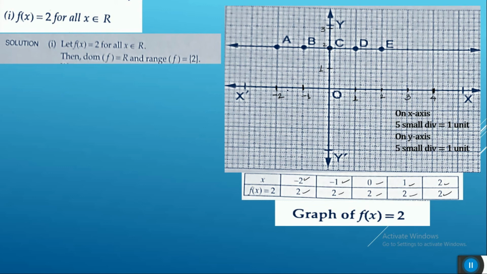You can see the table. For minus 2 the value is 2. For minus 1 the value is 2. For 0 the value is 2. For 1 the value is 2. For 2 the value is 2. So you will have a straight line which is parallel to the x-axis. This kind of graph will be formed for a constant function.